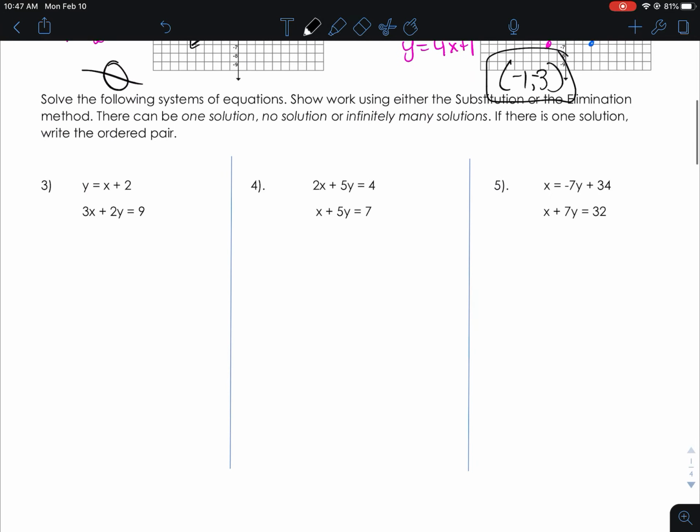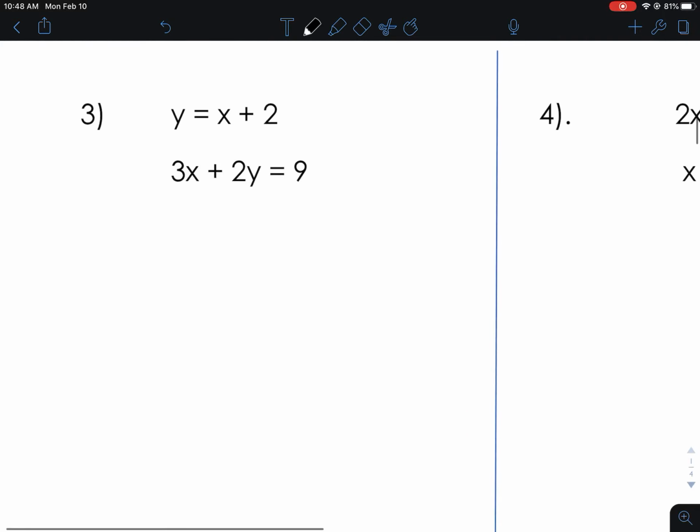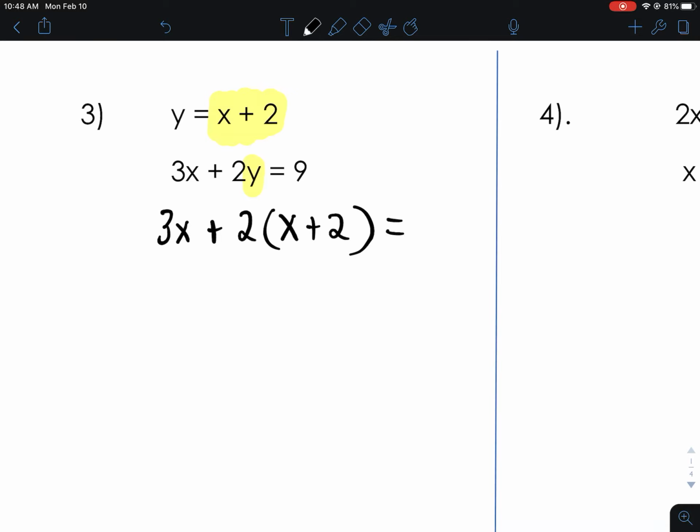Okay, solve the systems by substitution or elimination. This first one, because y is by itself, substitution's an awesome way to solve it. So we're going to plug this in for the y down here, since it's y equals. So we're going to rewrite it 3x plus 2, and then in parentheses, x plus 2 equals 9. Then you're going to go ahead and distribute.